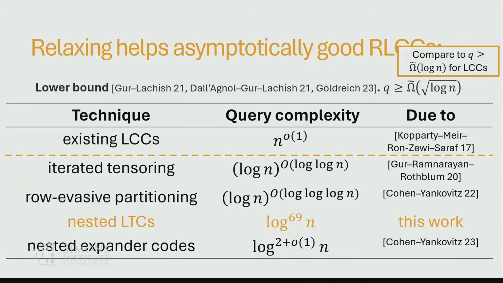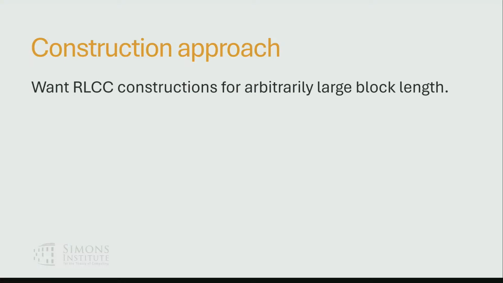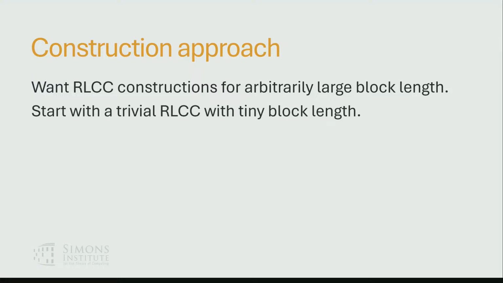Okay. Right. So how does the construction work? The first thing I want to say is that the general approach we follow is the approach followed by the prior works as well. A natural idea is that if we want an RLCC that has arbitrarily large block length, we can try to use some kind of induction. We can start with a trivially small RLCC, with block length constant or polylog in the final block length. This has a local corrector because you can just read everything.